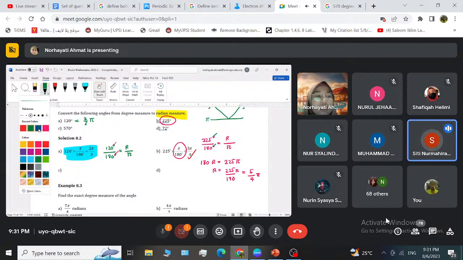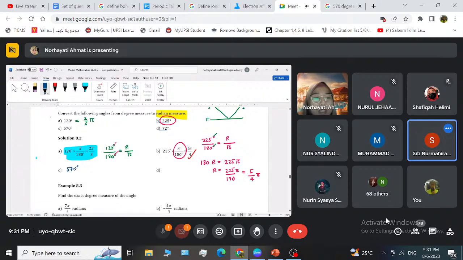570 bahagi 180 sama dengan radian per pi. Lepas itu pindahkan, radian sama dengan 570 pi per 180.